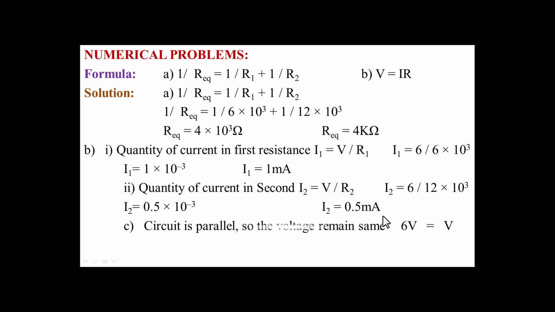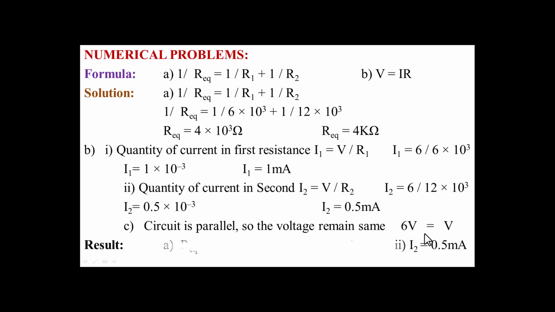Similarly, we can find the potential difference. The circuits are parallel, so the voltage remains the same. Then V1 is equal to V2 is equal to V3, so V is equal to 6 volt. Here potential difference always remains same, so V is equal to 6 volt.